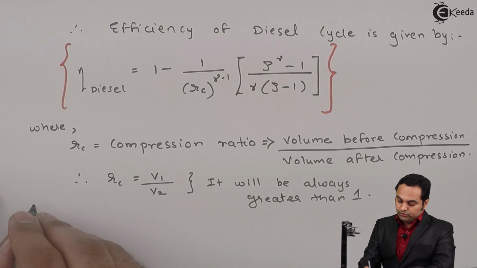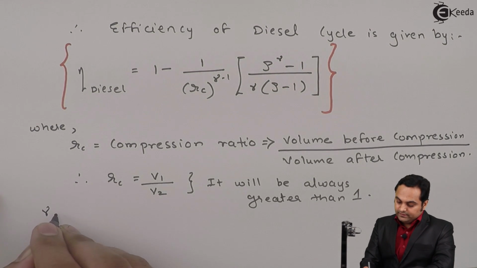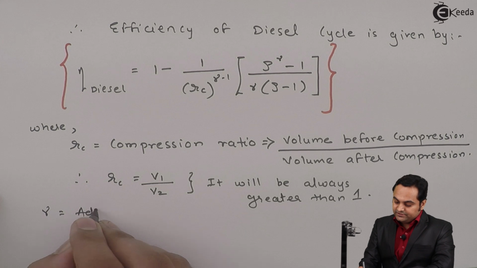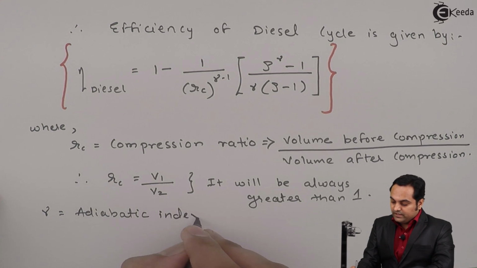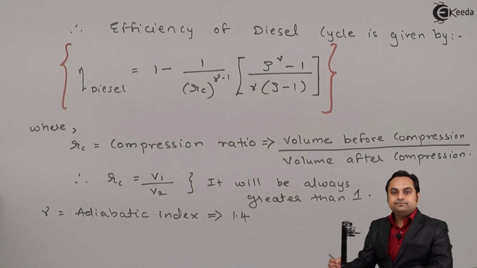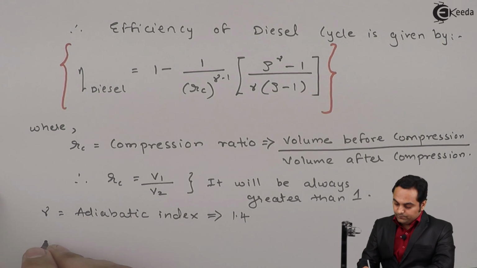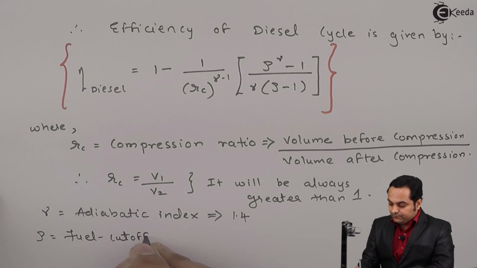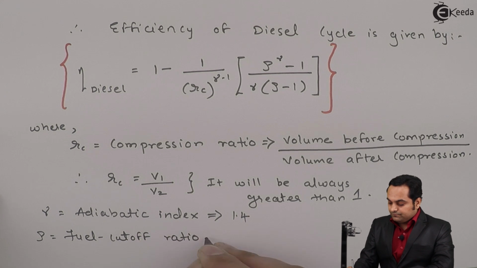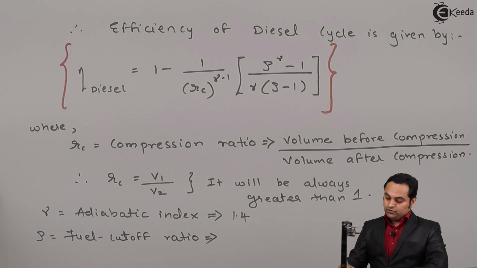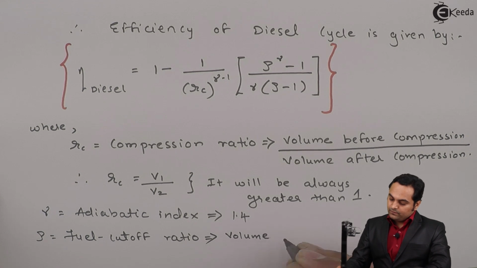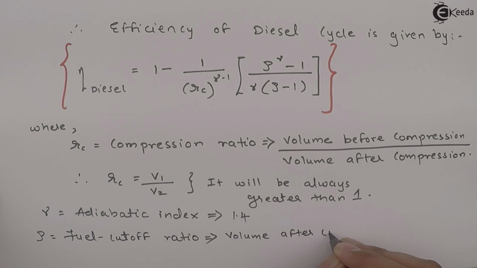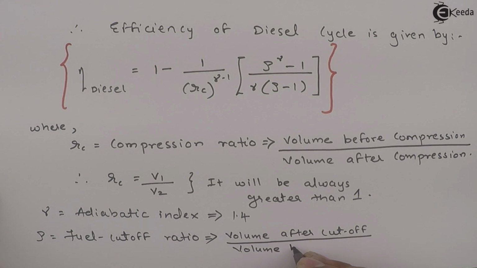Next, first I'll denote gamma, it is called the adiabatic index, having a value of 1.4. Then rho is called the fuel cutoff ratio, which is the volume after cutoff to the volume before cutoff.